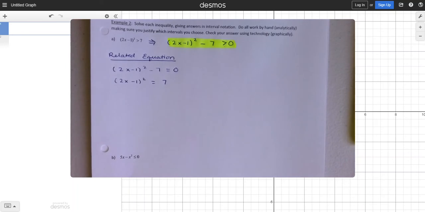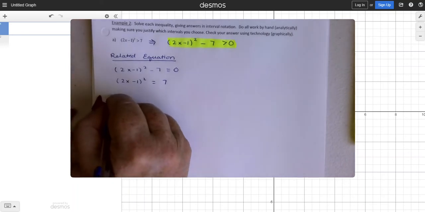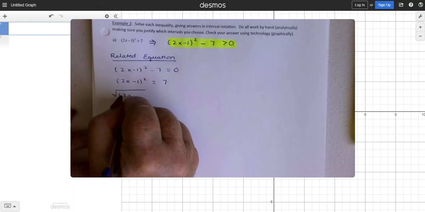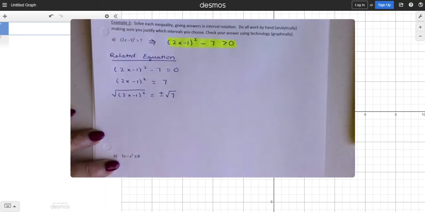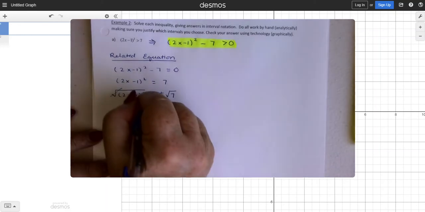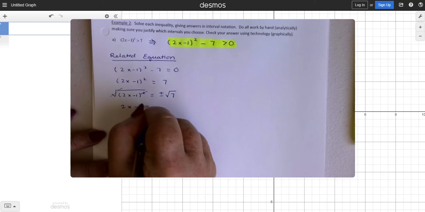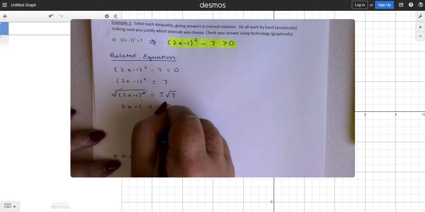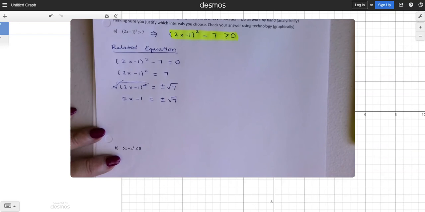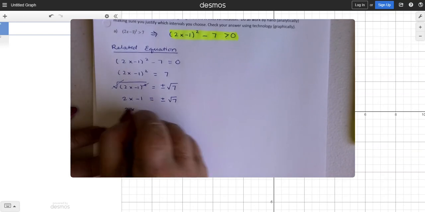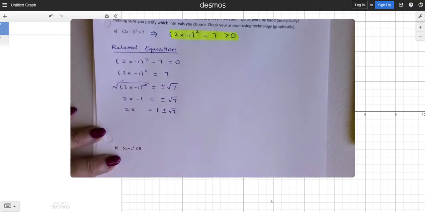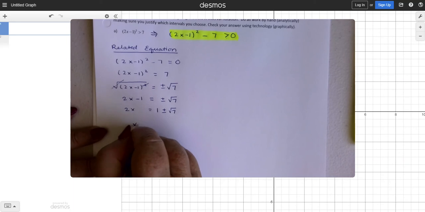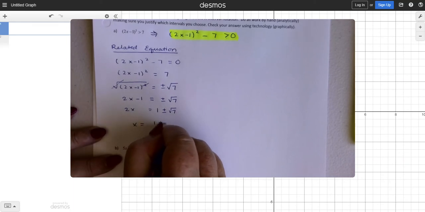Now that's set up perfectly to just take the square root on both sides, remembering that plus or minus. The left-hand side just becomes 2x minus 1 equals plus or minus the square root of 7. I'm going to add the 1, so 2x will be 1 plus or minus the square root of 7. And then if I divide by the 2, I get 1 plus or minus the square root of 7, over 2.